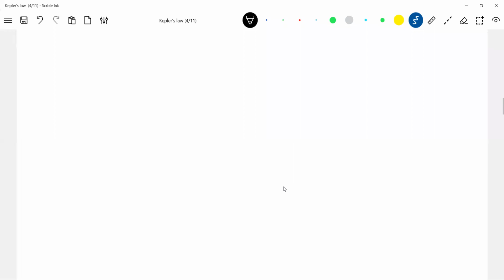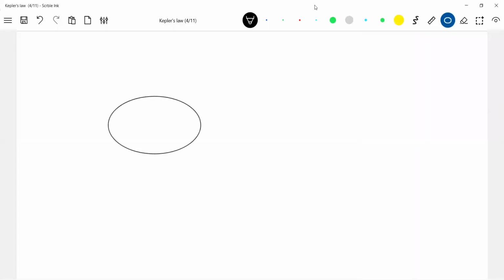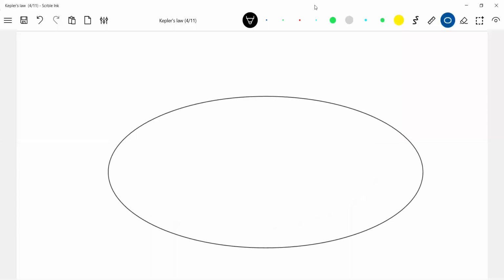So let me similarly take this one, and the sun is at a focus.